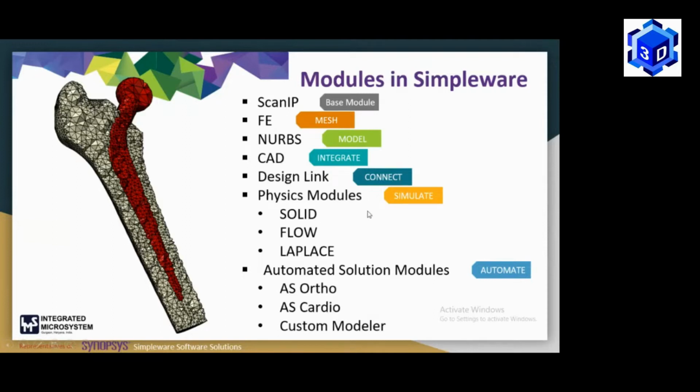Then we have physics and flow modules used for various kinds of analysis. The solid physics module is used for material analysis, such as bone density calculation or measuring a bone or its diameter. The flow module is used for any flow in the body part of the application.